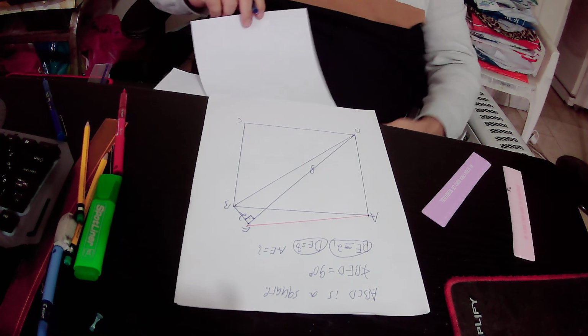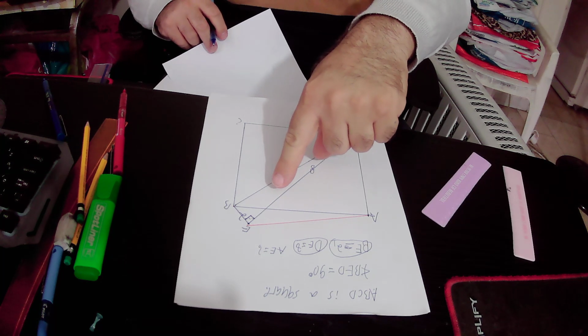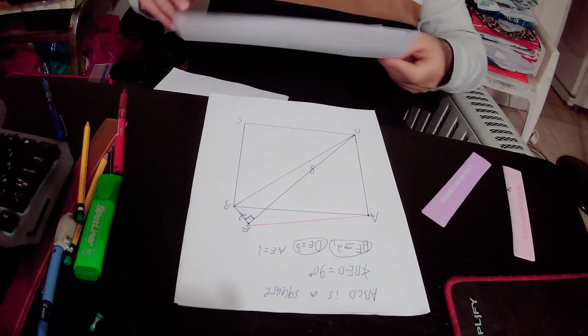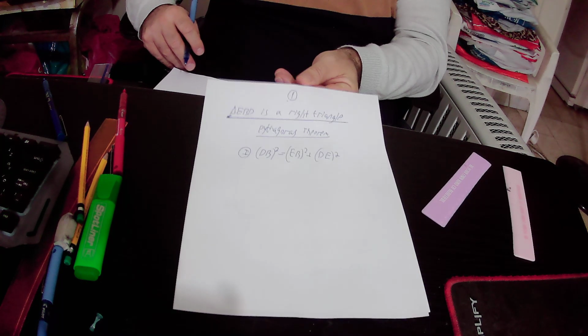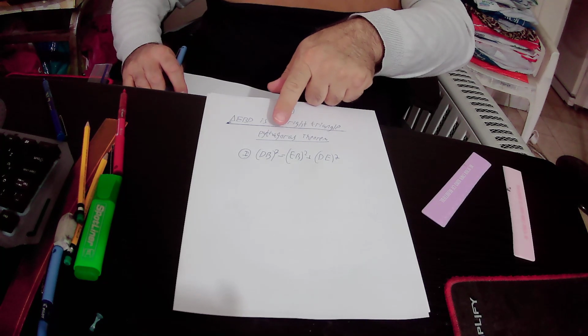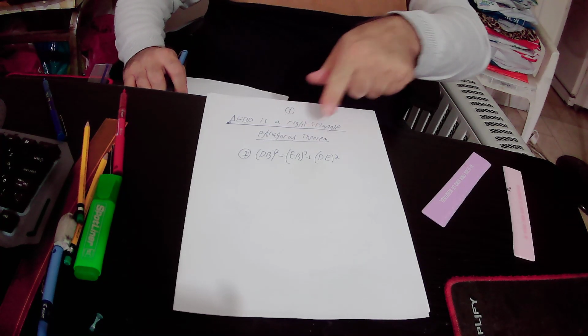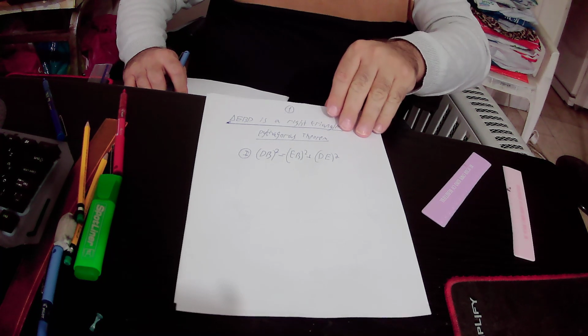So I will repeat again. In this right triangle EBD, the square of the hypotenuse equals the sum of the squares of the perpendiculars. That is to say, DB square equals EB square plus DE square.